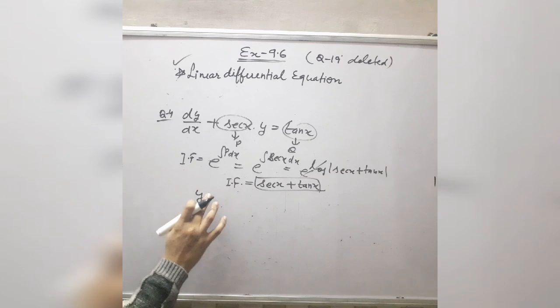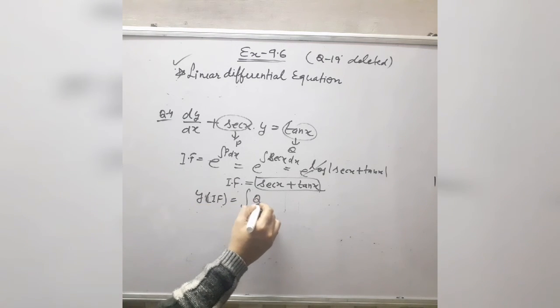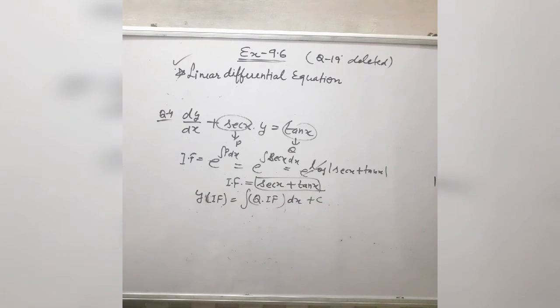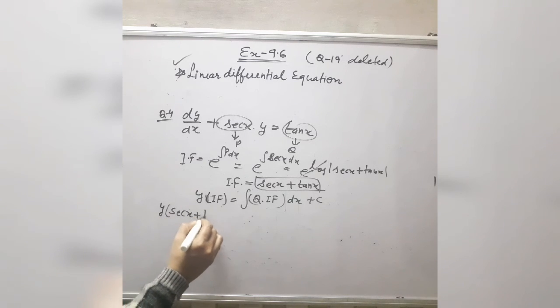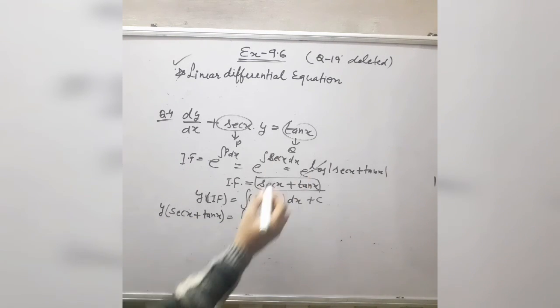Now we will find out the solution. Y into integrating factor is equal to integration of q into integrating factor, whole integration with respect to x, plus integration constant c. Now y into integrating factor means y into secant x plus tangent x. Now integration of q, what is q?